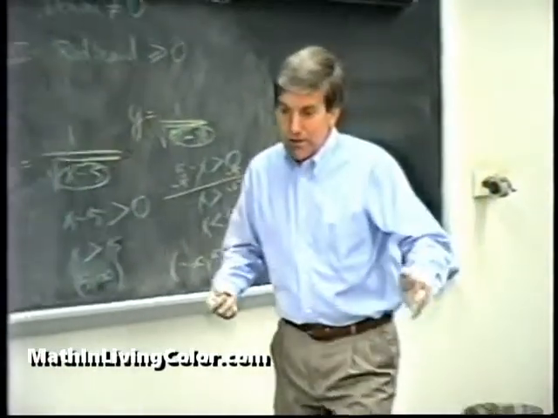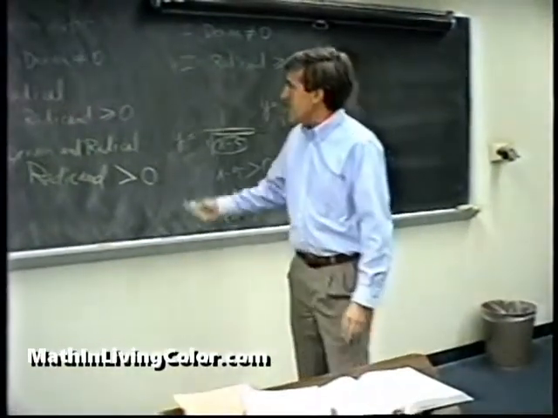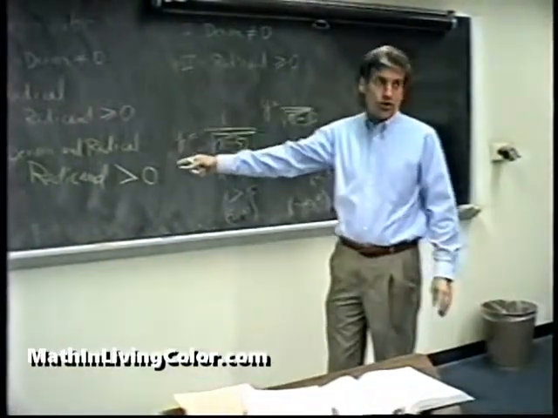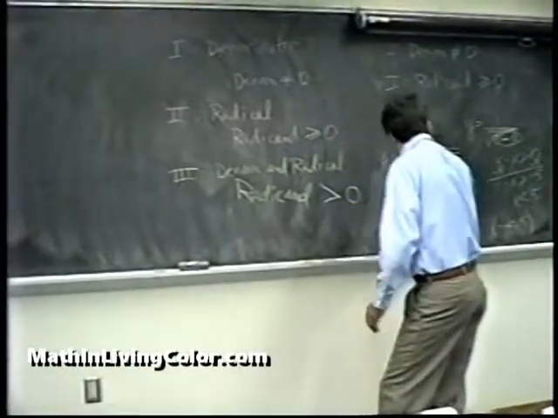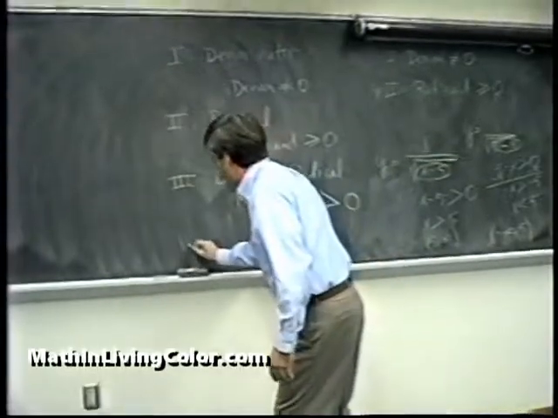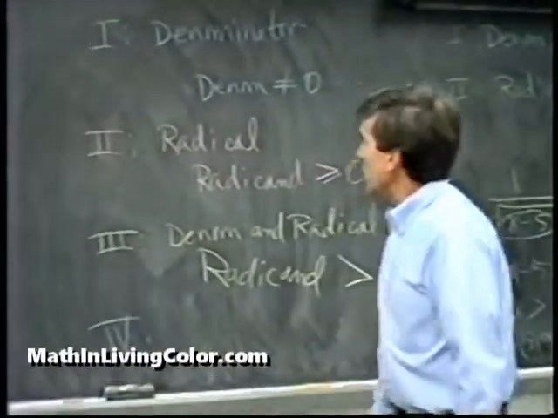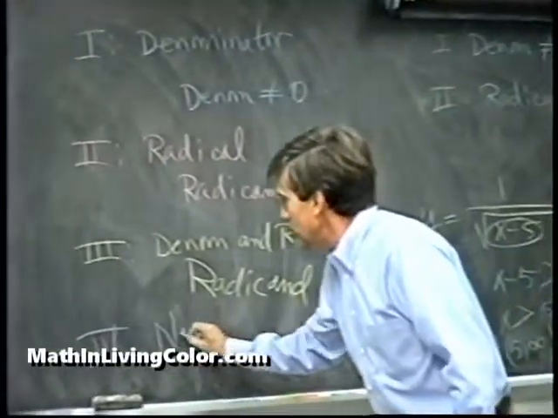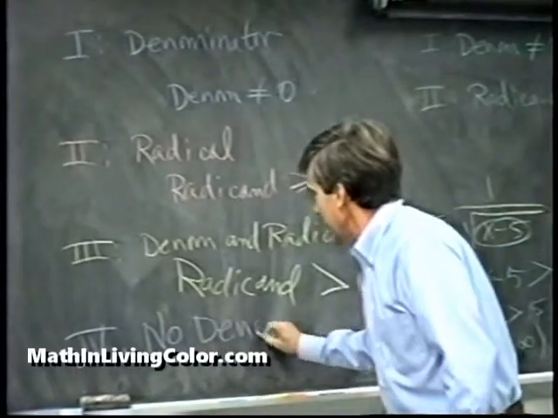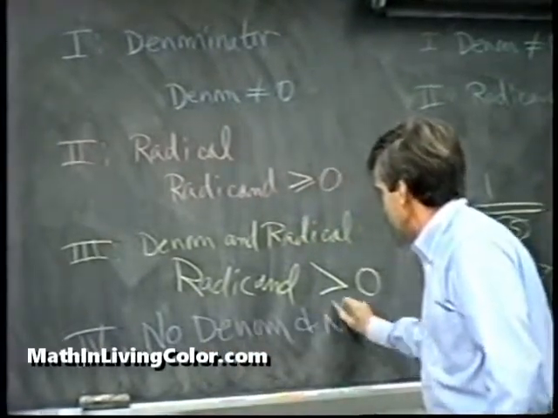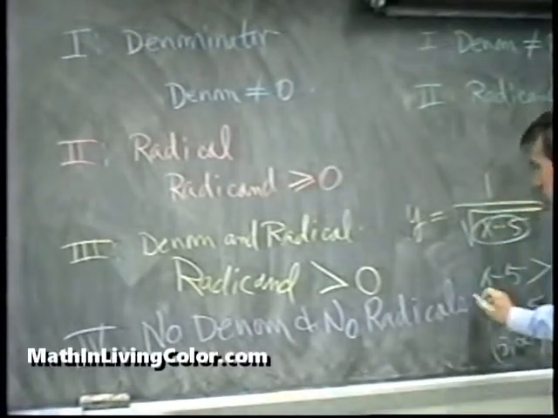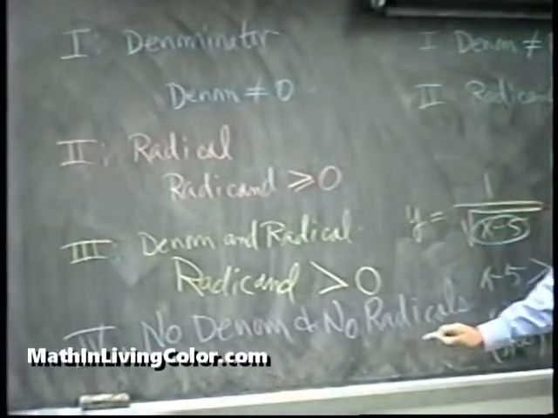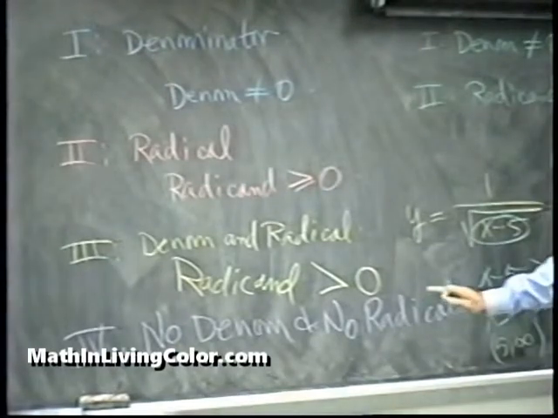All right? Now, the fourth category, I've saved category 4, and category 4 is the easiest one of all. Category 4 says, what if there are no denominators and no radicals? Then what are the restrictions? No restrictions.